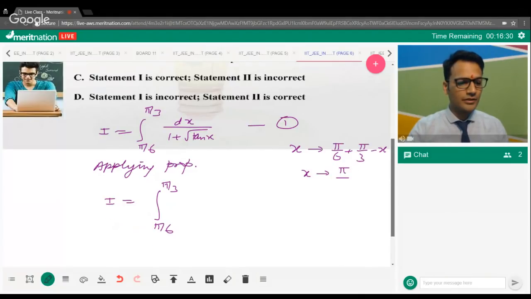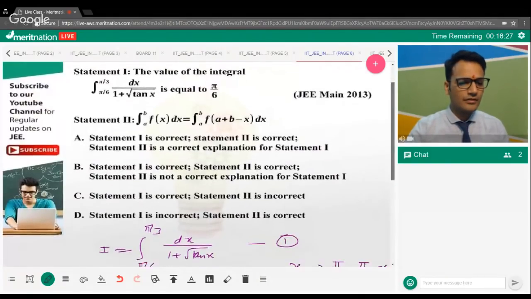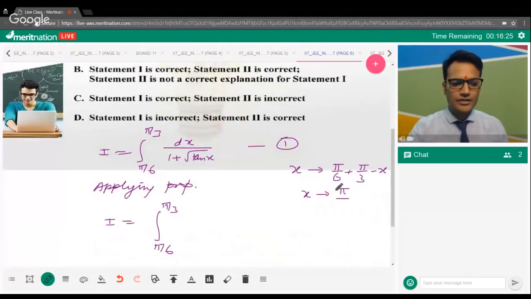So this turns out to be 2 pi by 6 plus 3 pi, that is 4 pi by 6, minus x. So this is what we're going to be replacing it by, which is pi by 2 here, 60 and 30 degree.